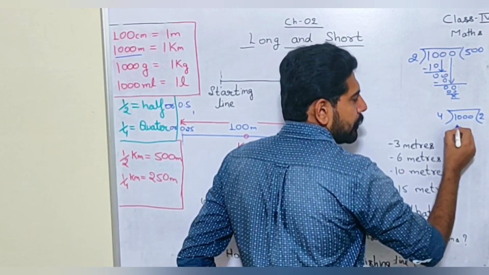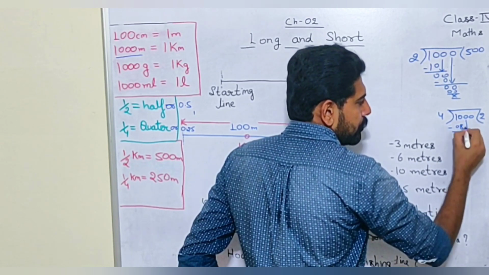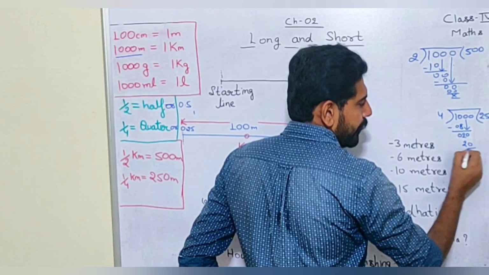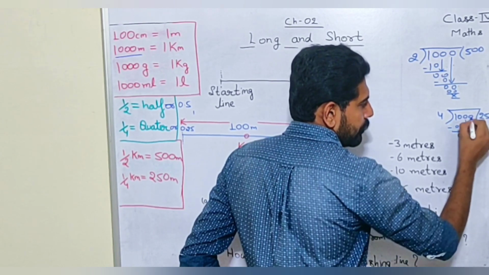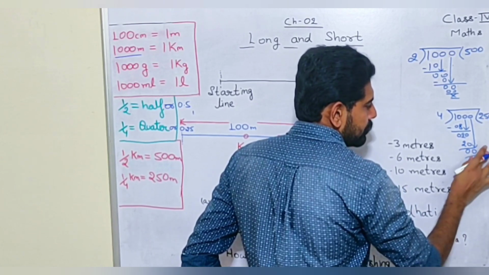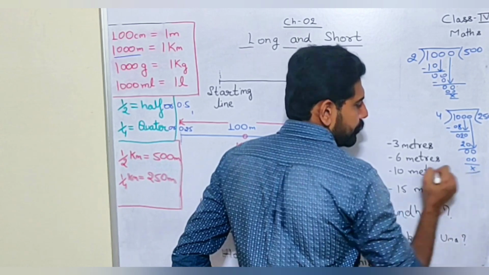Four twos are 8. 4 fives are 20. 4 zeros are 0.